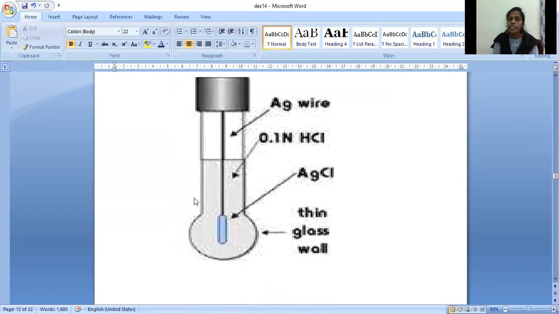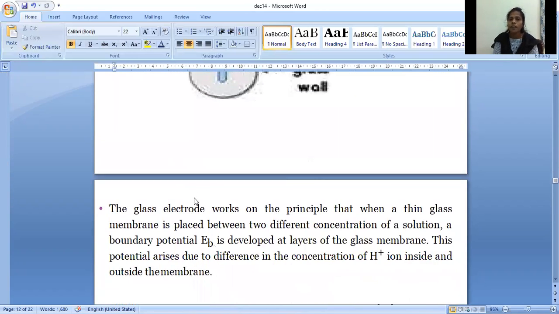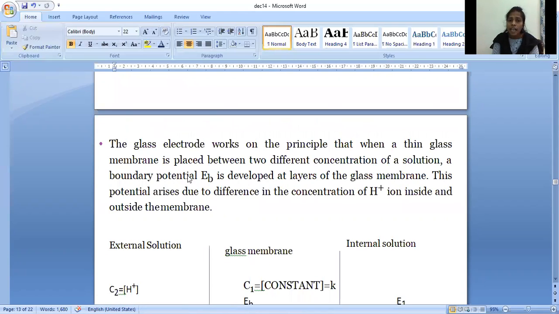So now let us see how it is working. The glass electrode works on the principle that when a thin glass membrane is placed between two solutions of different concentration, a boundary potential EB is developed at the layer of the glass membrane.